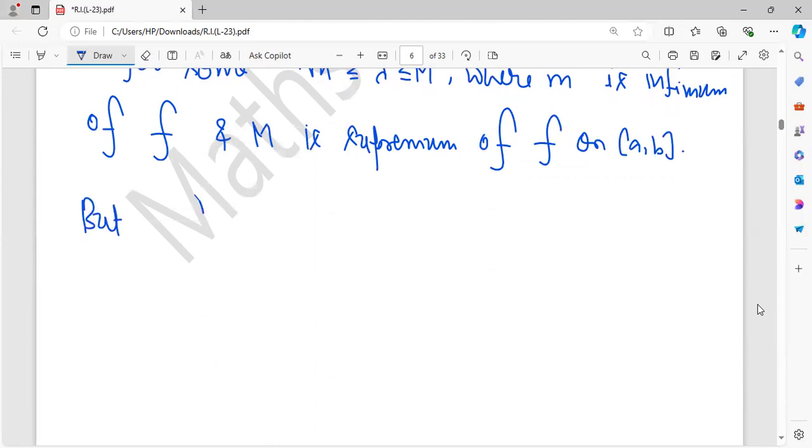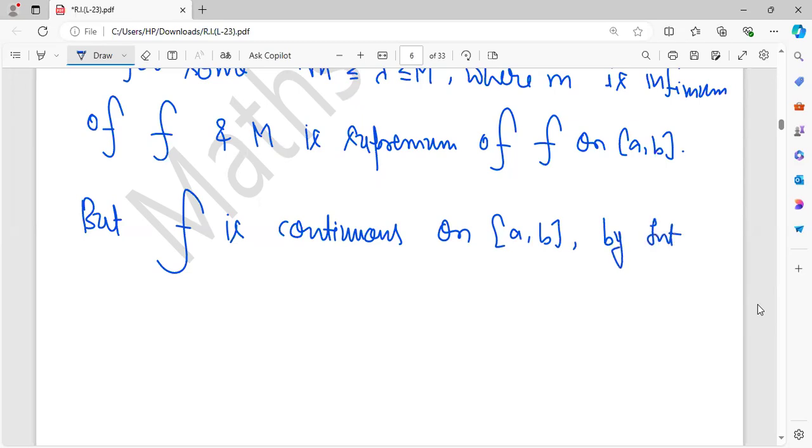But f is continuous on the closed interval [a, b], so by the intermediate value theorem.